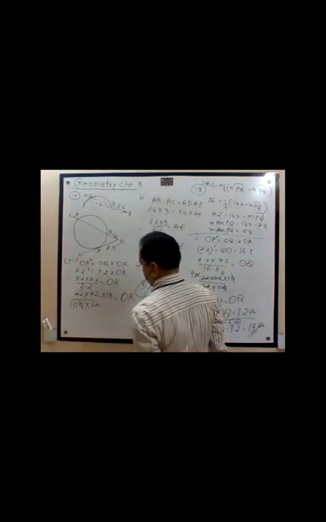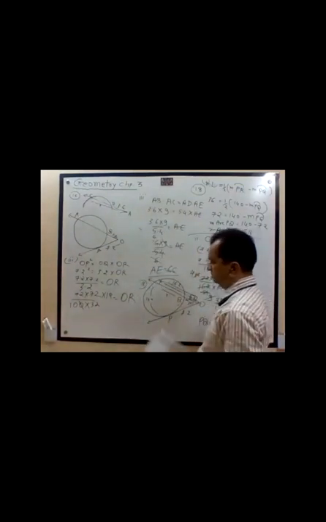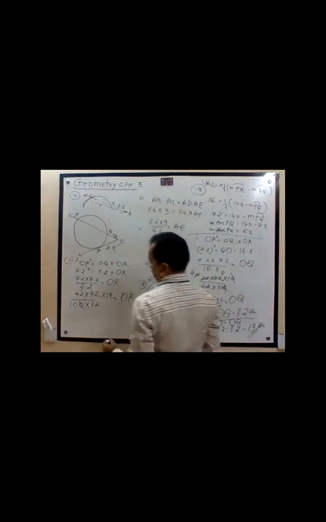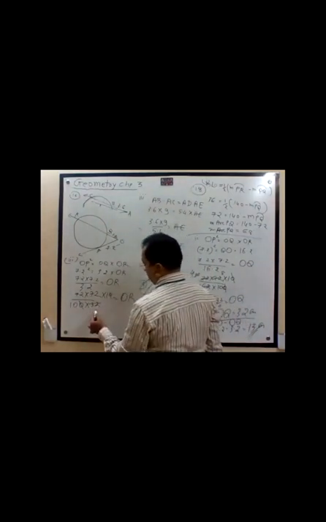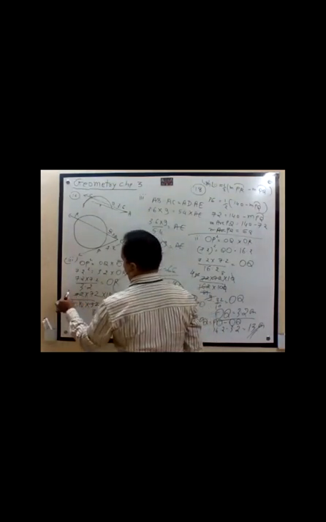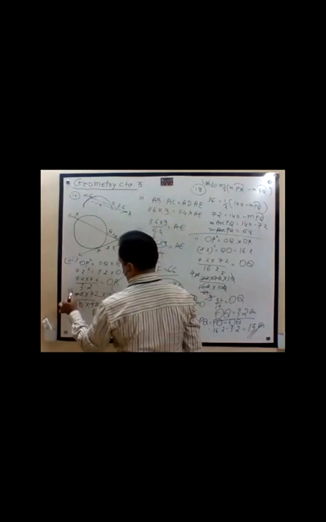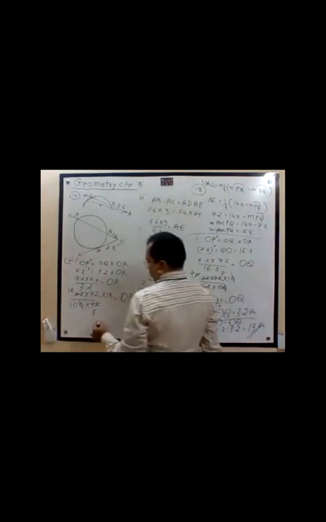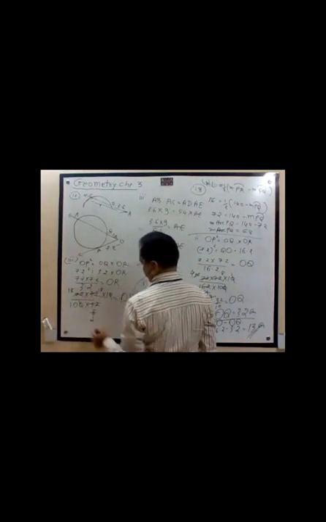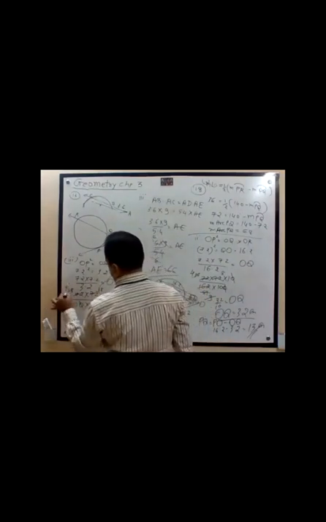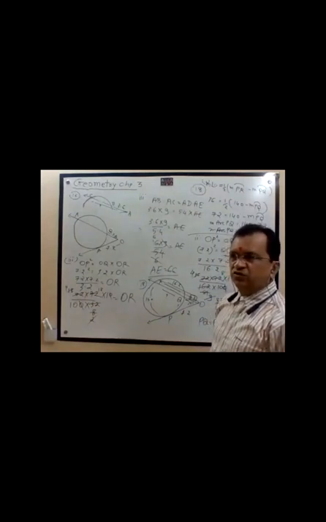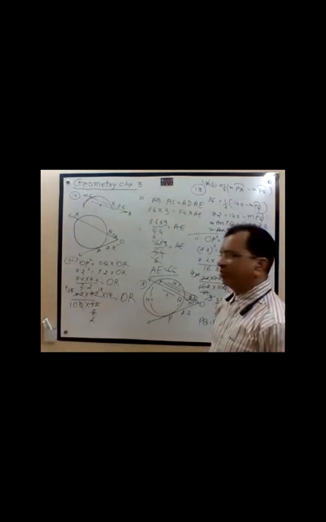This cancels, this cancels. Now with 4 we can cancel. Make it half. 18 nines are 180 less 18, 162.